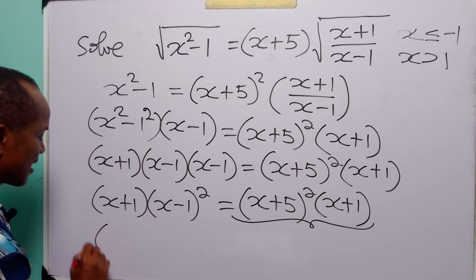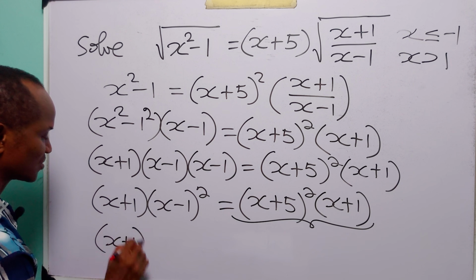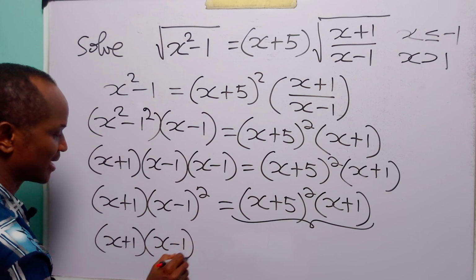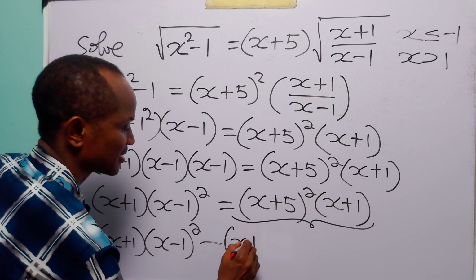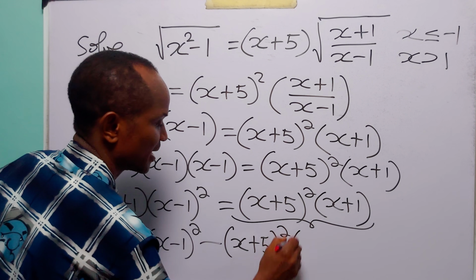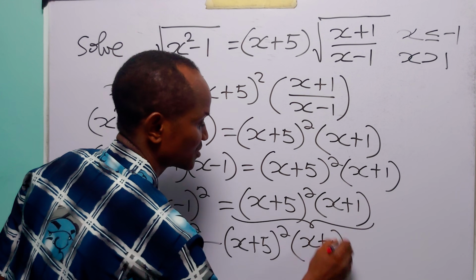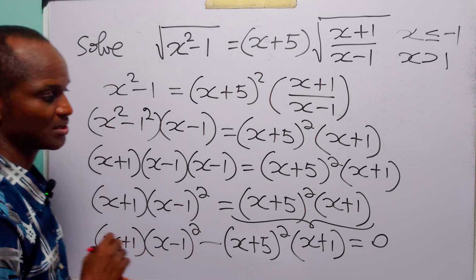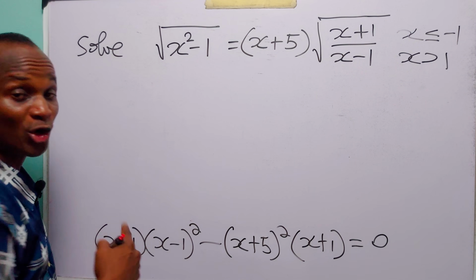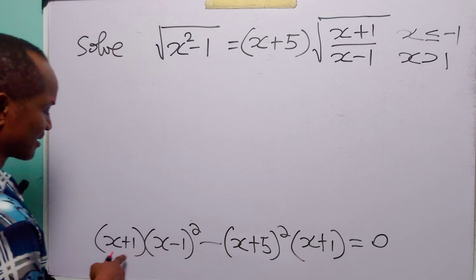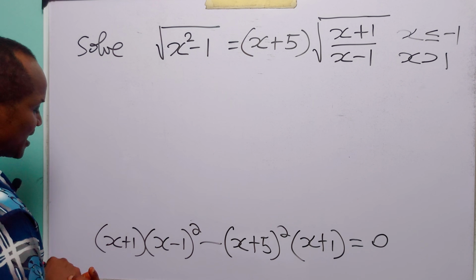When we do that, we have x plus 1 times x minus 1 squared minus x plus 5 squared times x plus 1 is equal to 0. Now, when you look at these two terms, you're going to see a common factor, x plus 1. So we can factorize that.